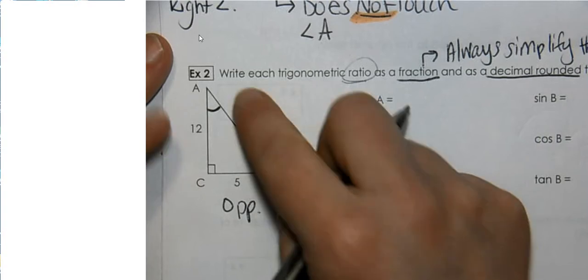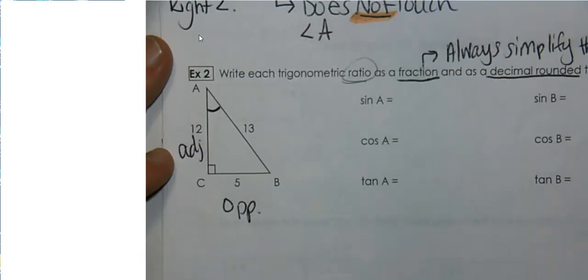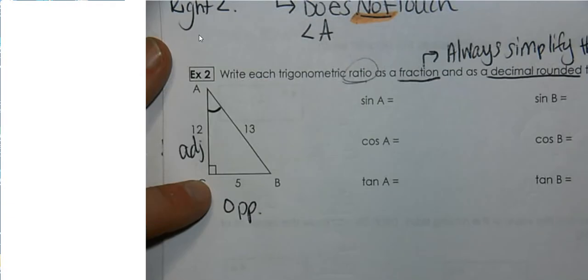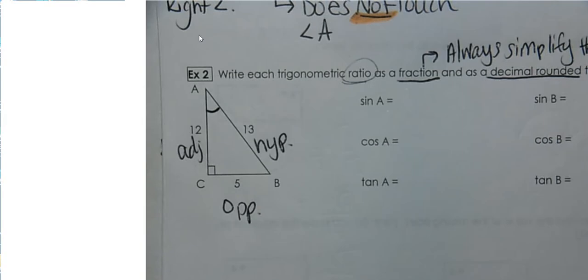I know that 12 has to be the adjacent side because it touches both angle A and the right angle, and 13 is the hypotenuse. And especially for my visual learners, I strongly recommend that you label. Labels are really, really helpful, especially when you're trying to visualize what is going on in a problem.